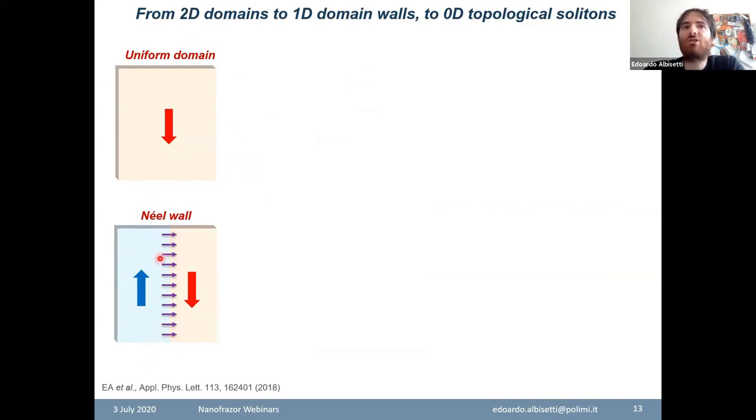And the coherent rotation of spins in this domain wall can be towards the right or towards the left. And there's nothing that tells the magnetic material in which direction this domain wall should turn.